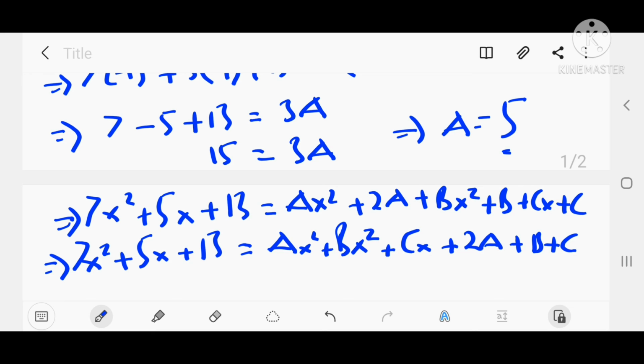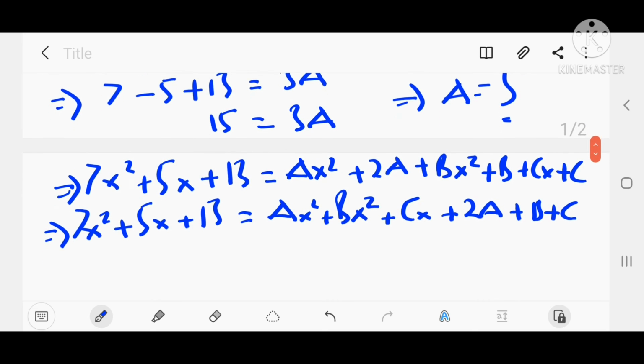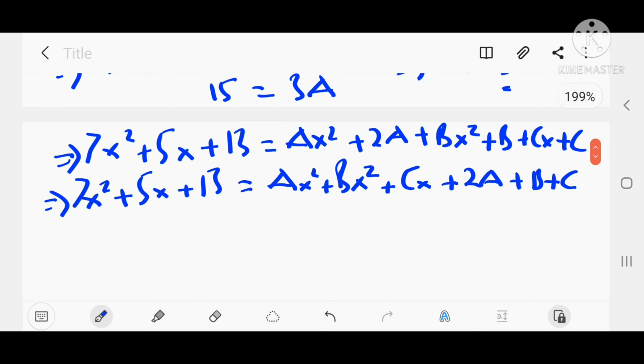So by comparison, we can compare. We now see that the 7 here should be equal to a plus b, because they have the same coefficient of x squared. Here too we have 7 as the coefficient of x squared.